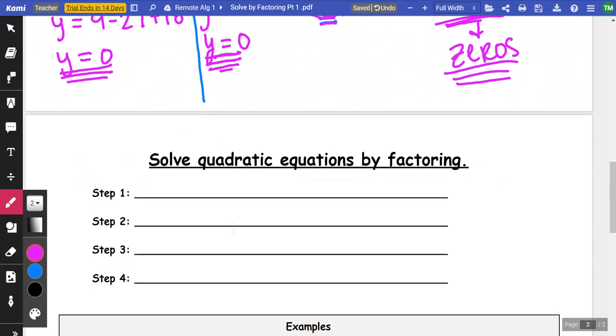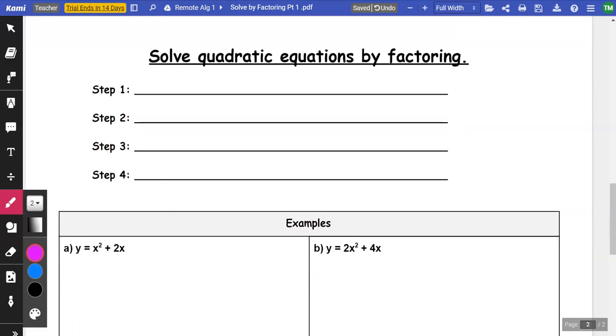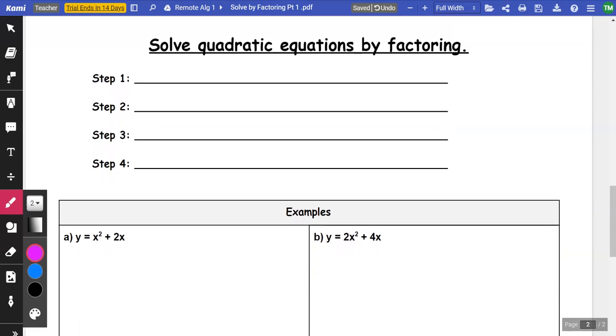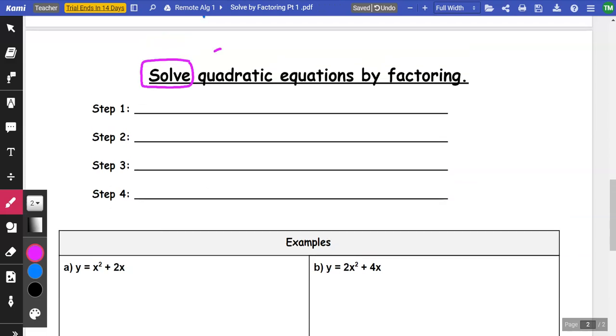So now let's get into the meat of this lesson. So we're going to learn how to find those x-intercepts by factoring quadratic equations. So when I say to solve quadratic equations, what am I really asking for? I'm really asking you to find the x-intercepts.